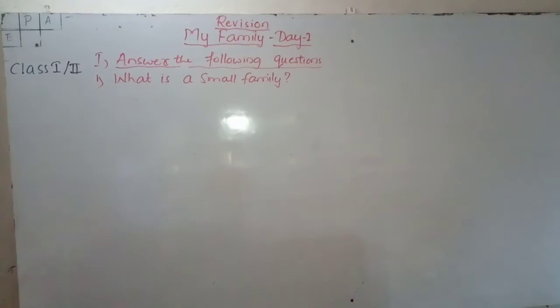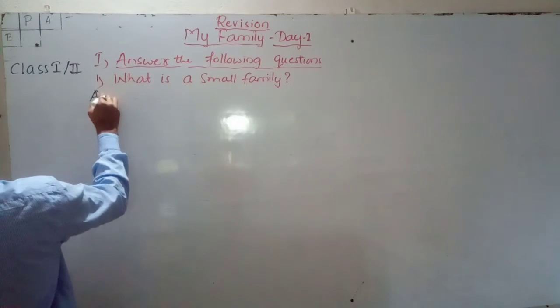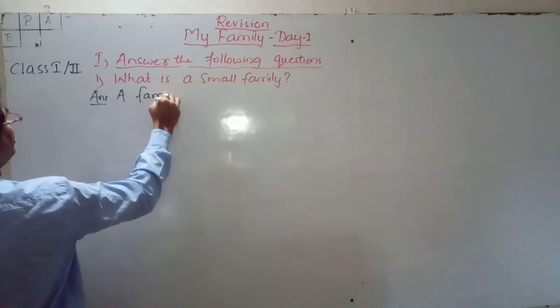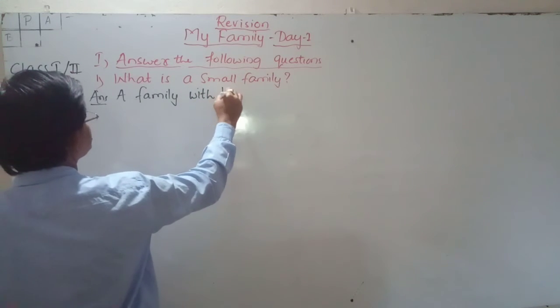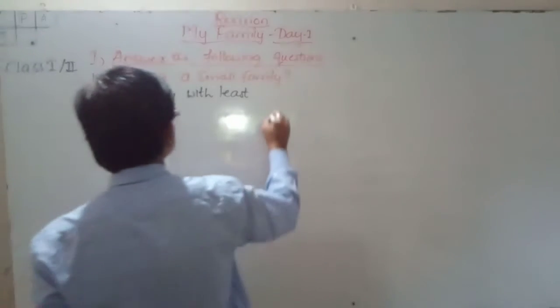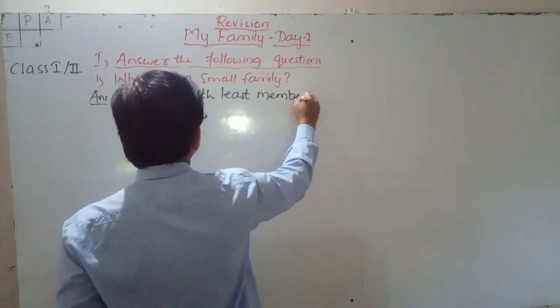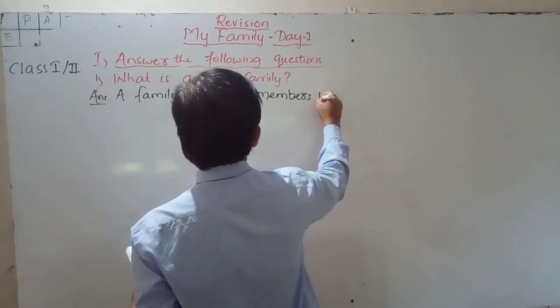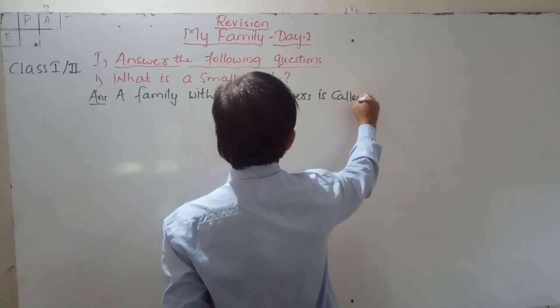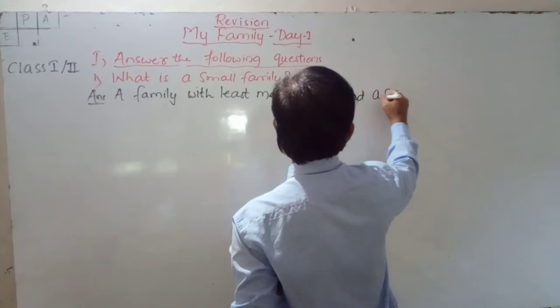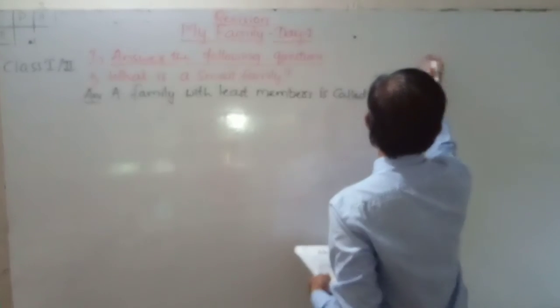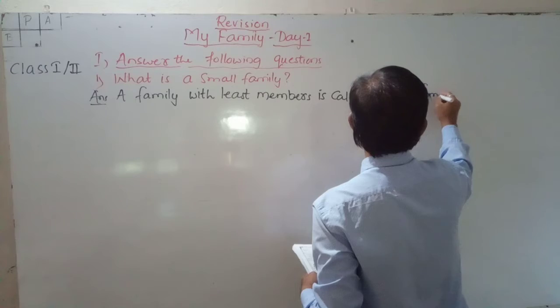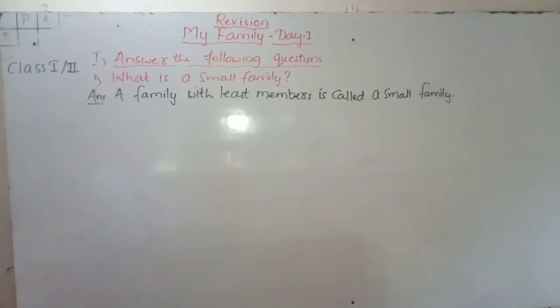This is the first question. Answer is a family with the least members is called a small family.